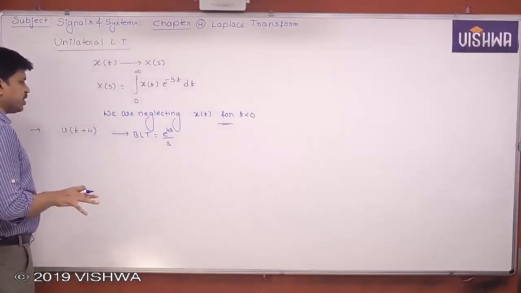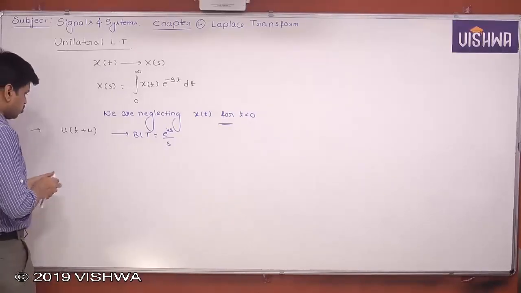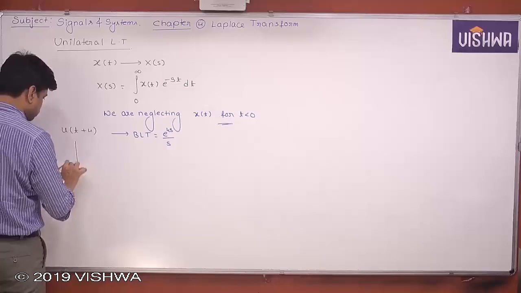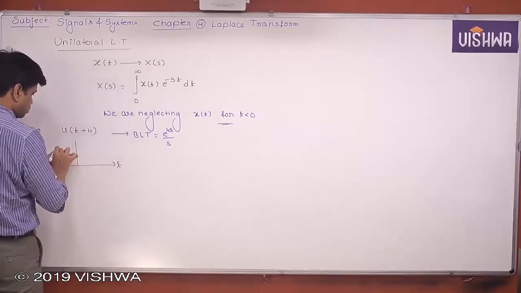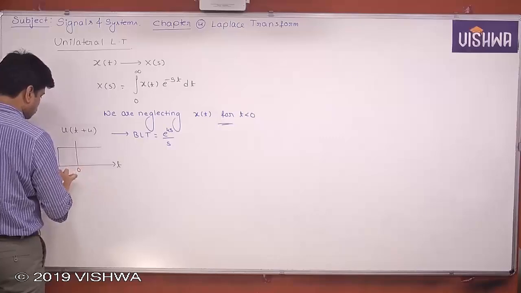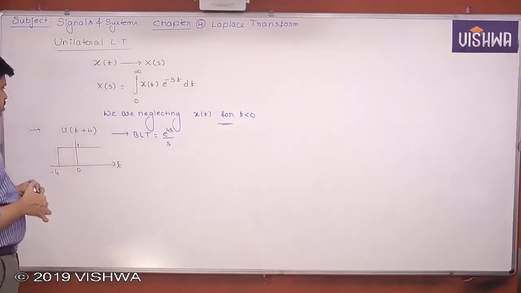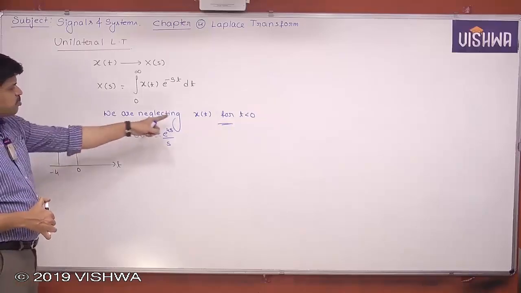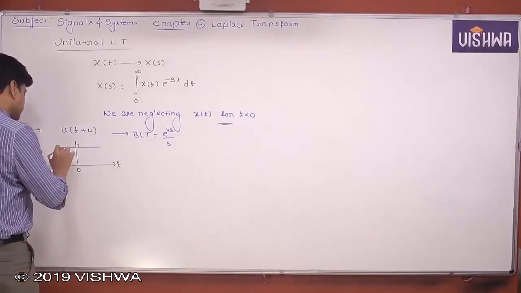Now I want to find the unilateral Laplace transform. How can we do that? First, for this u of t plus 4, how does it look? This is the signal. I told you that in the unilateral Laplace transform we are neglecting x of t for t less than 0. That means we don't consider this part.